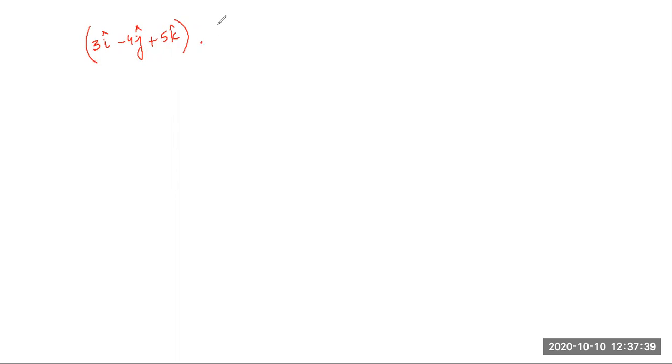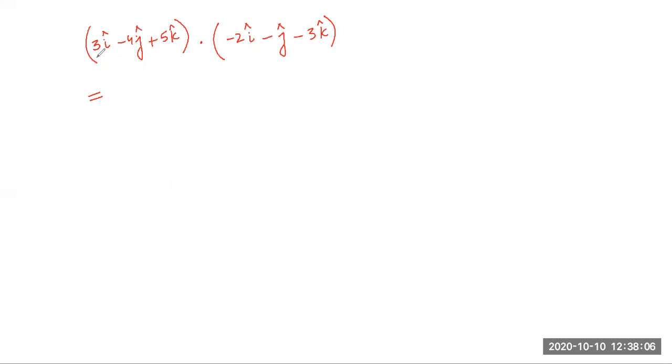I'm talking about scalar product, dot product. Minus 2 i cap plus j cap minus 3 k cap, right? So what will it be equal to? Yes, anyone? Yes, can you guess?